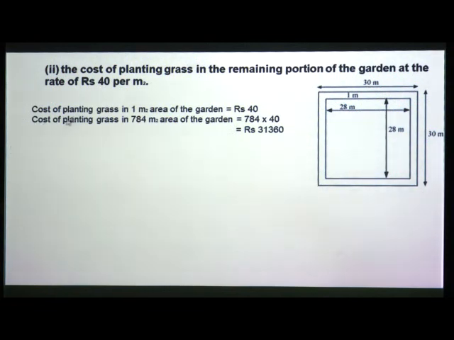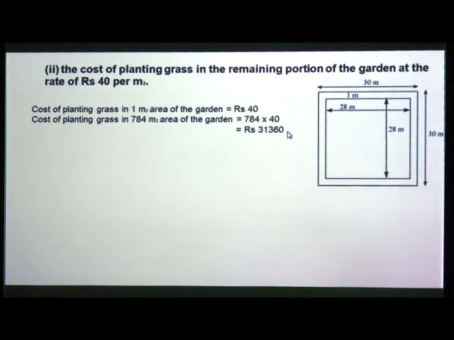The cost of planting grass in a meter square area of the garden is given to us as rupees 40. The cost of planting grass in 784 meter square area of the garden is equal to 784 multiplied by 40. After the multiplication we get a product of rupees 31,360.